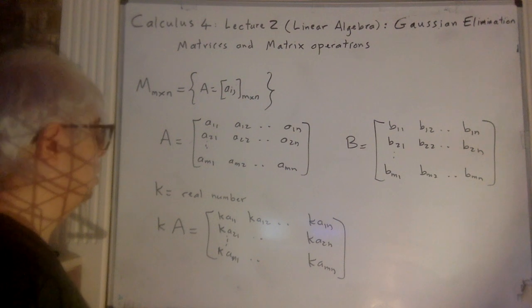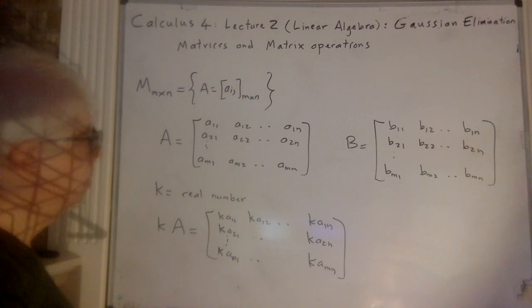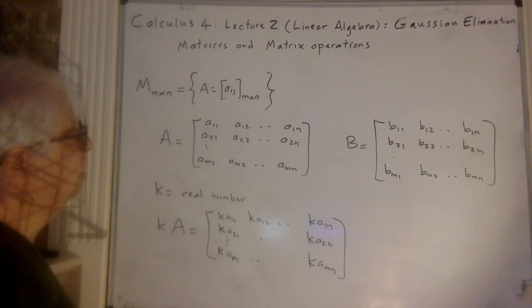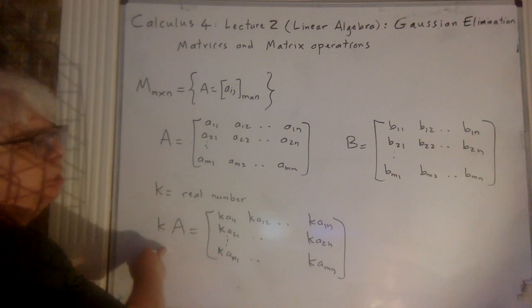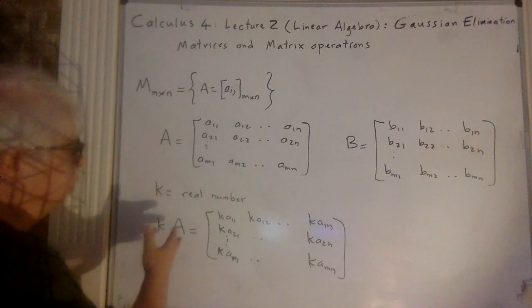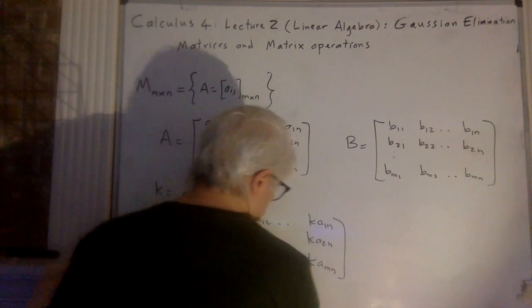So that is scalar multiplication. That was addition and subtraction. Now, this scalar multiplication, I can multiply it by -1. So -1 will give me a negative matrix.